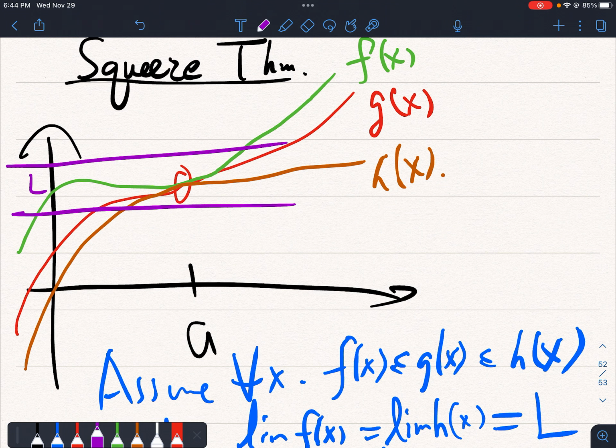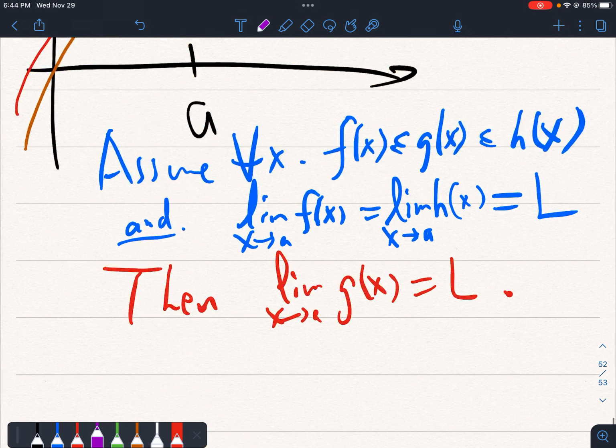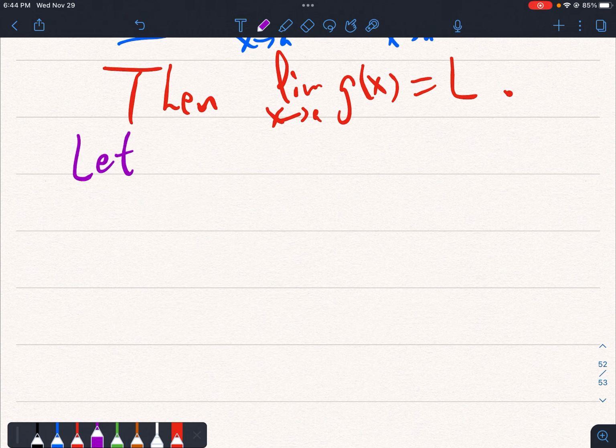So we can look at the epsilon neighborhood of L. And because f has a limit that is L, we can find some neighborhood, let's say some delta 1. Okay?